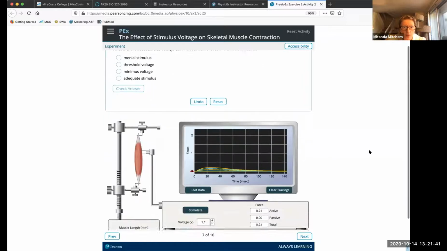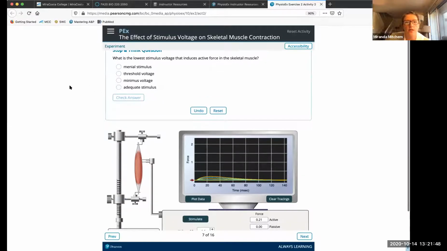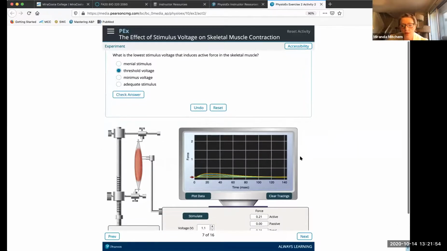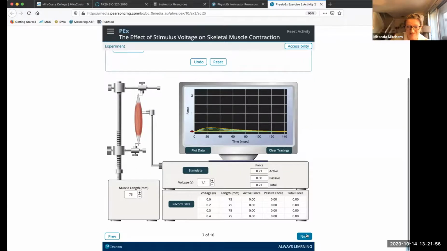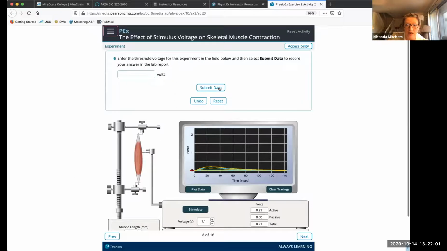Okay. So what is the lowest stimulus voltage that induces active force in the skeletal muscle? What is that called? That is the threshold. Okay. Actually, that's the end of this experiment.